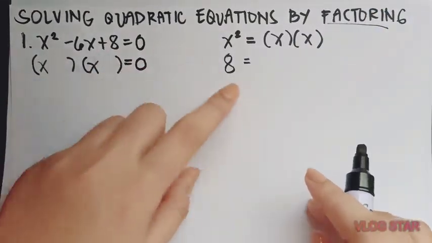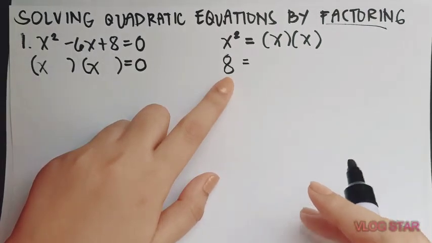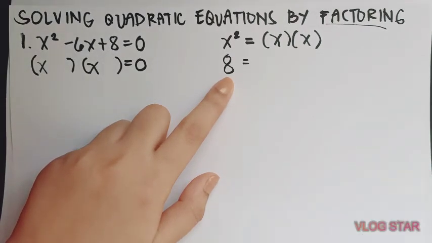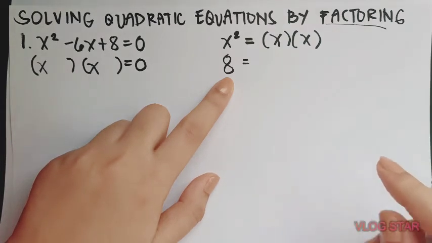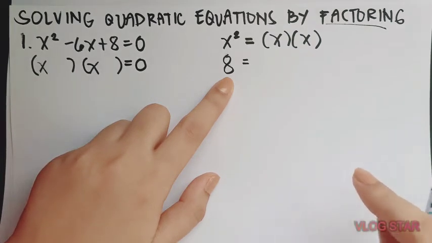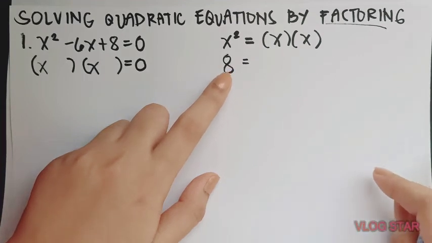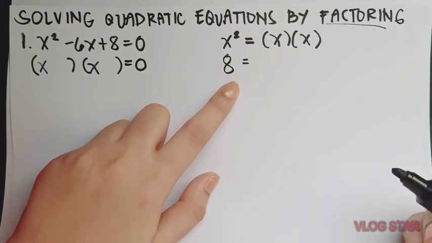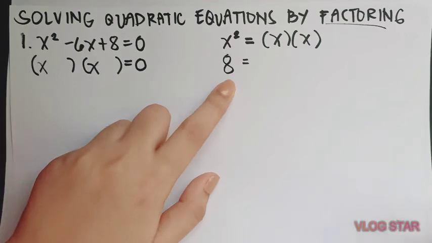Now, look at the factors of 8. There are numbers that are prime, or have only one factor, and there are also numbers that have a lot of factors, and 8 is one of them. So let's have the factors of positive 8.